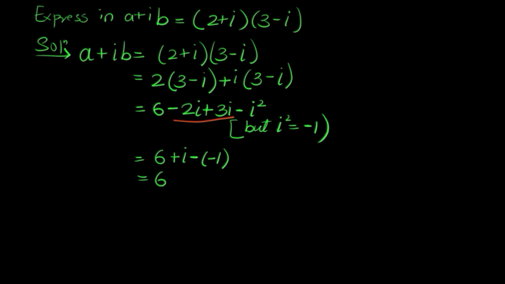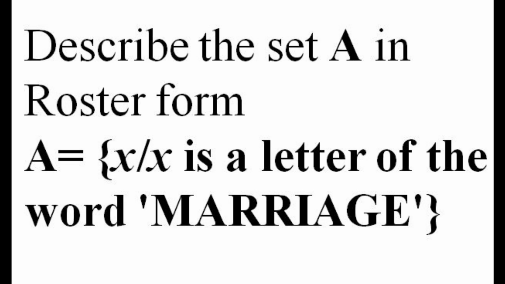Now 6 plus i plus 1 becomes 7 plus i. So here is the a plus ib, expressed in the form 7 plus i.